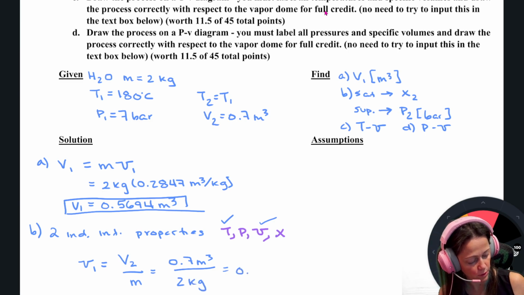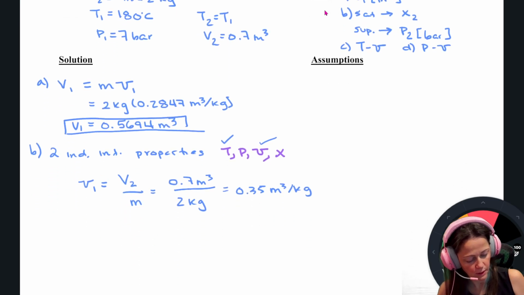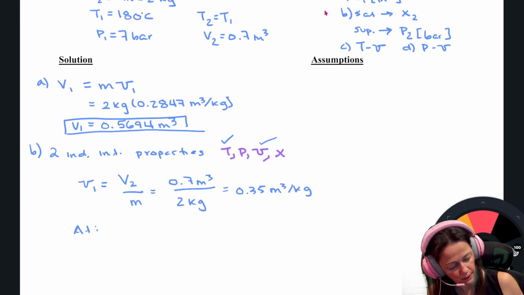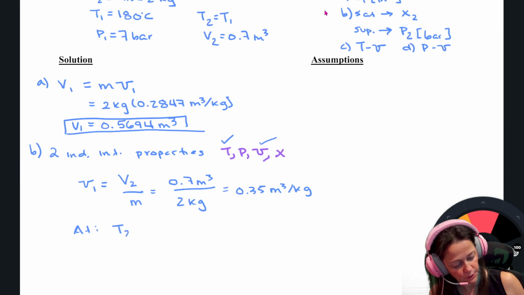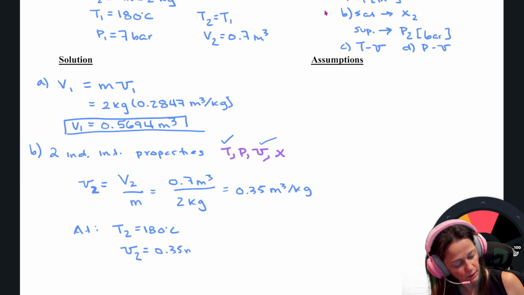So that's going to be 0.35, and the units are going to be meters cubed per kilogram. All right. So now we have two independent intensive properties. I know T2, 180 degrees, and I know the specific volume. I'm sorry, that should be v2, which is 0.35 meters cubed per kilogram.